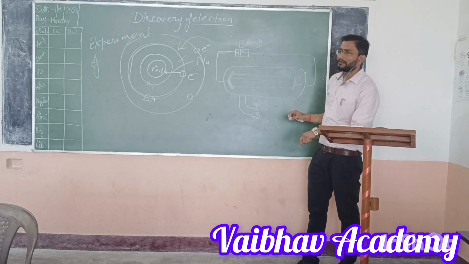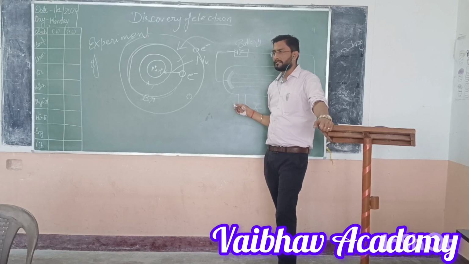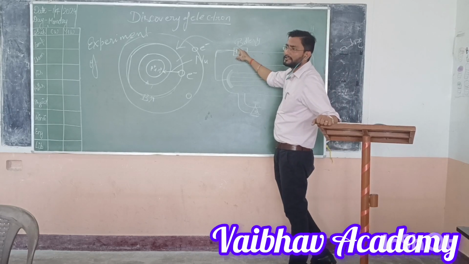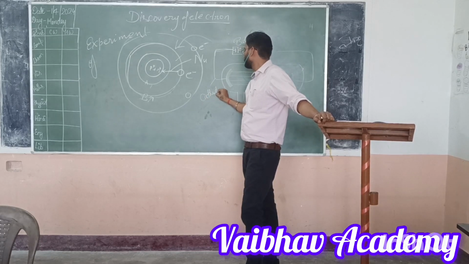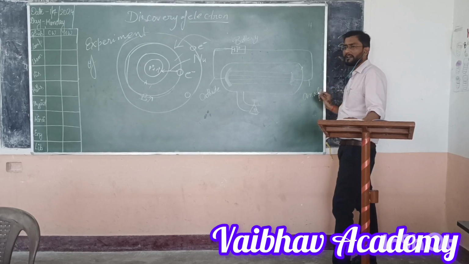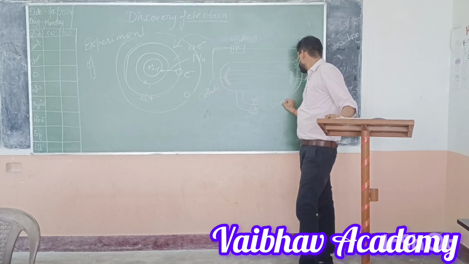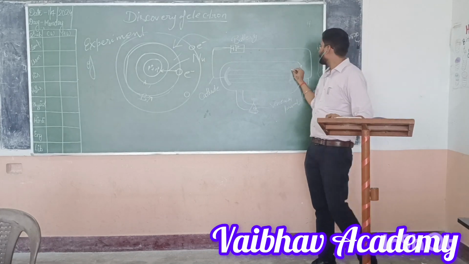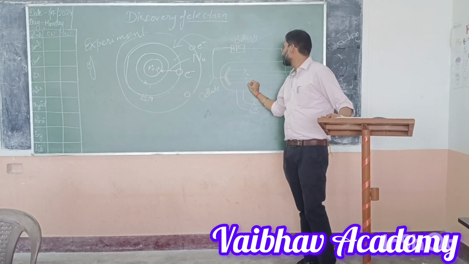Battery you all know? Cathode, anode you know? Cathode is the charge? Negative. Anode is positive. So here it is positive and here it is negative. That means this wire will be the cathode, and this wire will be the anode. Here, this is a vacuum pump. These are the plates and these are the immediate particles.